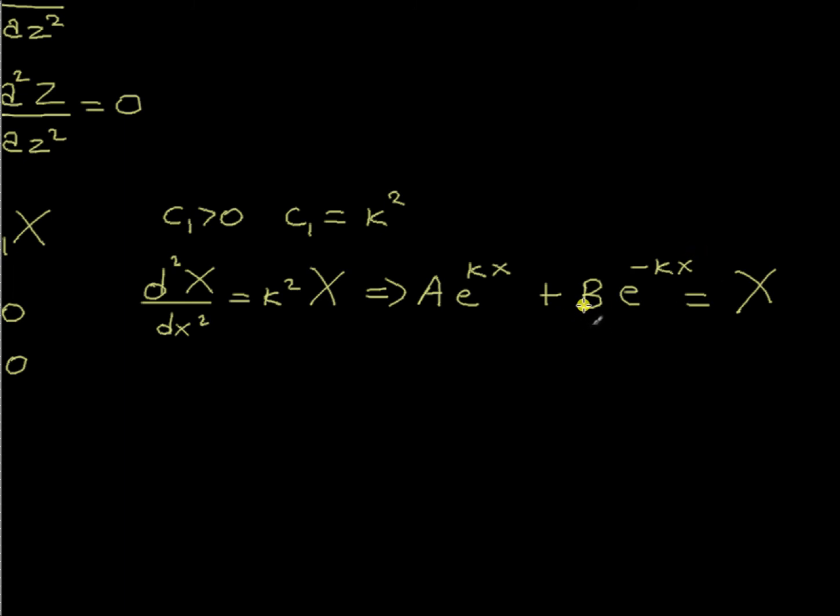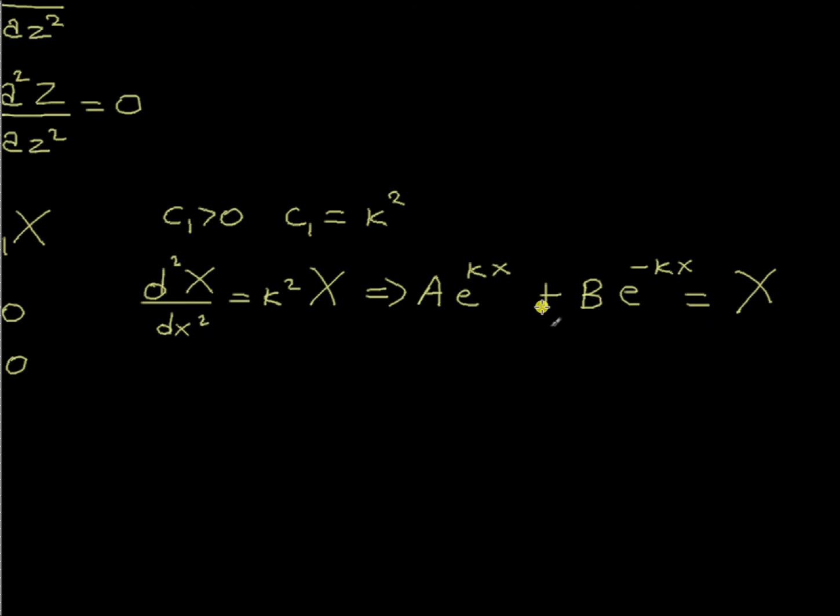If you're not convinced by this, do the following: take the first derivative with respect to x, then take the second derivative with respect to x and plug it into your differential equation, and you will see that the left side is equal to the right side. Since I have satisfied the differential equation, this is the solution to this differential equation.